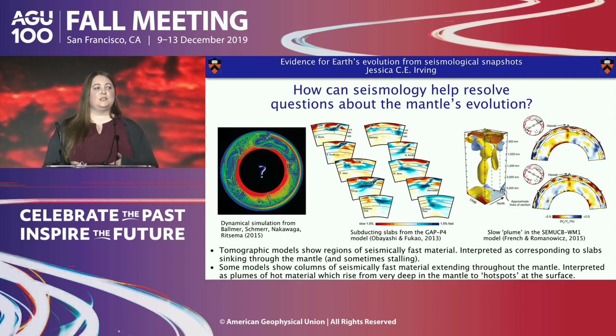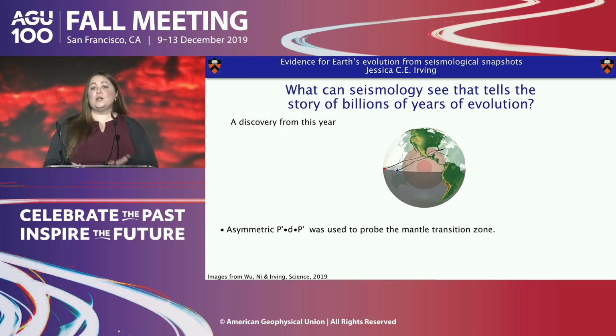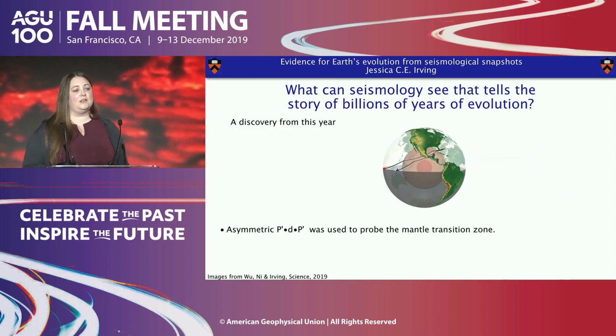This hot material is associated with the phenomena of hotspots, associated with rising, maybe chemically distinct material. All of these observations are showing us the integrated results of 4.5 billion years of plate tectonics and 4.5 billion years of mantle convection.